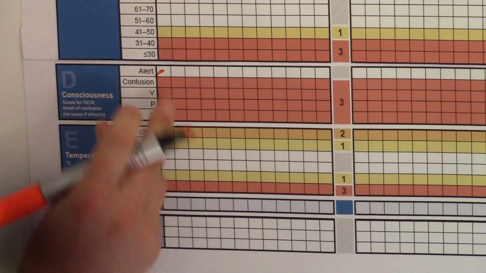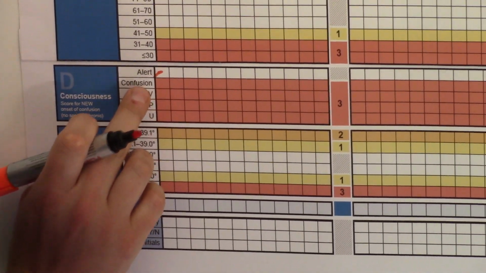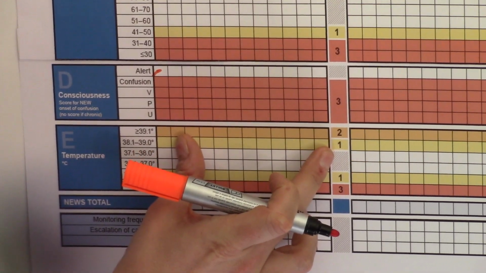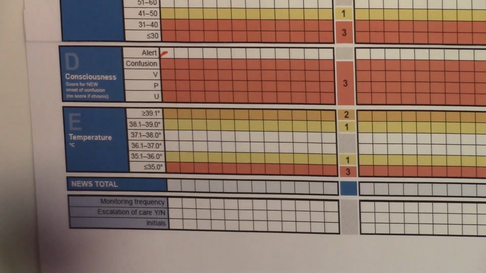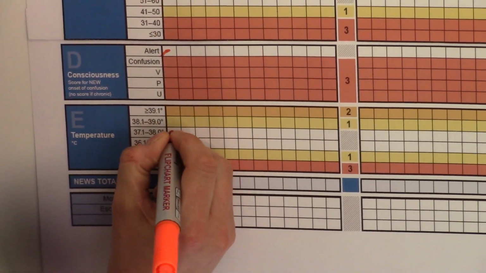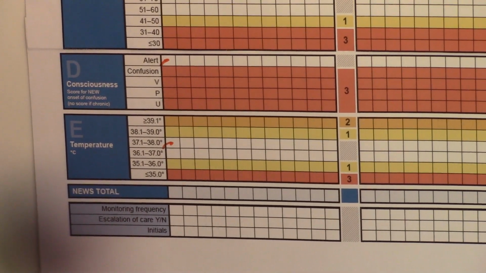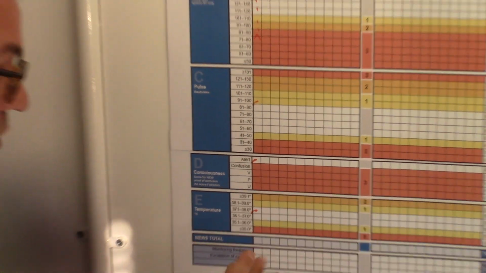But if he wasn't, if he was confused, only responding to voice, pain, or was unresponsive, this is the score he'd get. So we'll come down to E for exposure, which is temperature. Let's say David's temperature is 37.5, sorry. So, and then the same as with the previous chart, you tot up the score, pop it in the box, and follow the Trust algorithm.